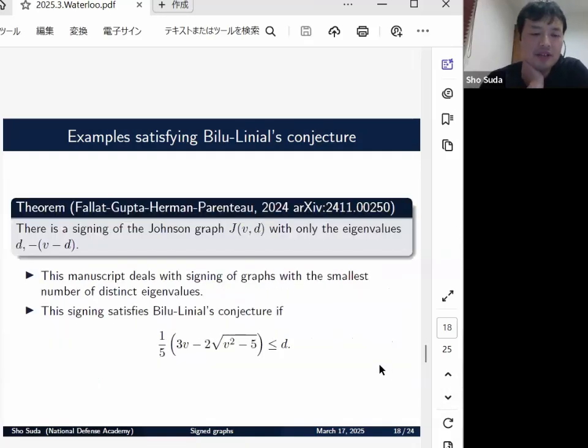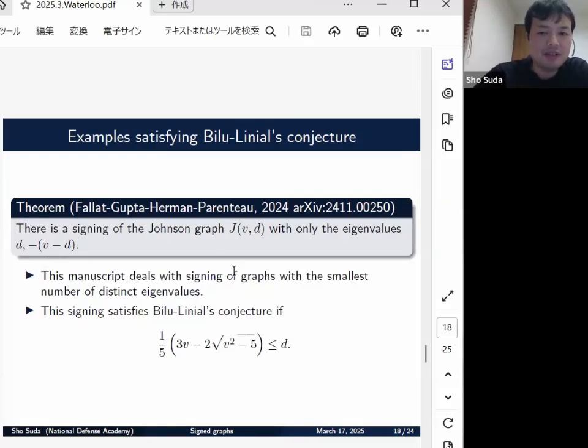Also, in two more slides, I would like to mention the Johnson graphs case and the Hamming graphs case. Very recently, these 4 authors uploaded their nice paper on arXiv, and they are working on signings of distance regular graphs. One of their beautiful theorems is that there is a signing of the Johnson graph J(v,d) which has only 2 distinct eigenvalues, d and minus v minus d.